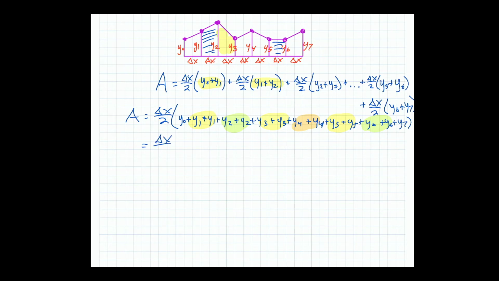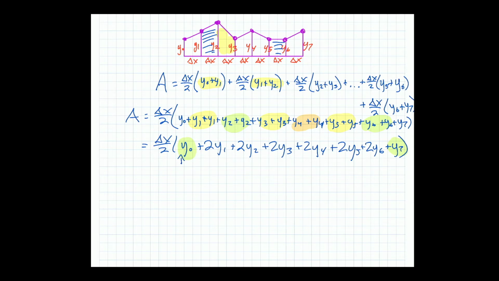So you get delta x over 2, and you get y0, 2y1, 2y2, 2y3, 2y4, 2y5, 2y6, y7. All right, and so what I want you to notice about this is you have a y0 and a y7, right? And the first one has a coefficient of 1. And then on the last one, there's a coefficient of 1.